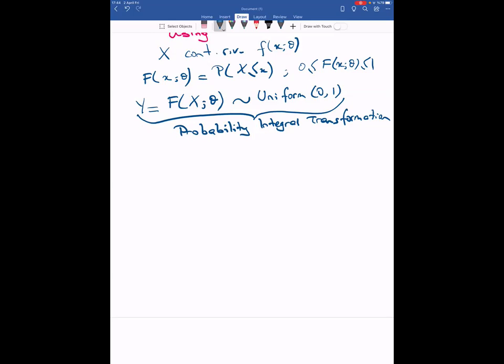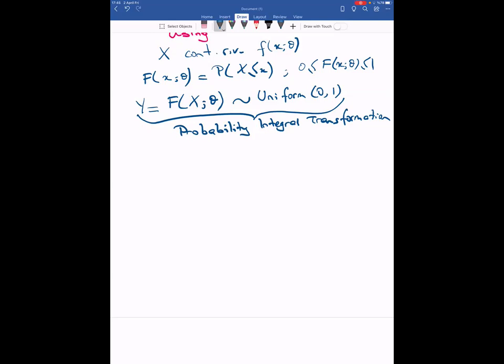Knowing that, if you have a CDF, then you see that it is distributed as uniform on 0 to 1. So the CDF is a function of x and also the unknown parameter theta, and its distribution is free from parameters. Using this approach, basically we can create pivotal quantities.